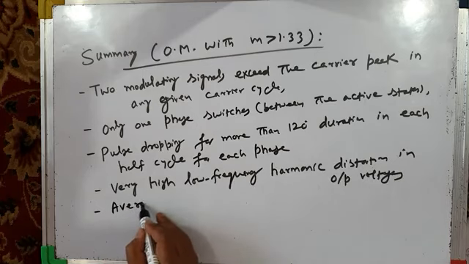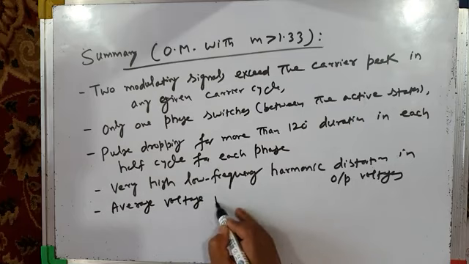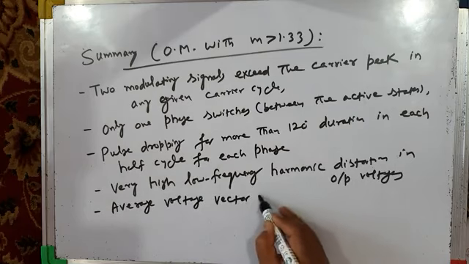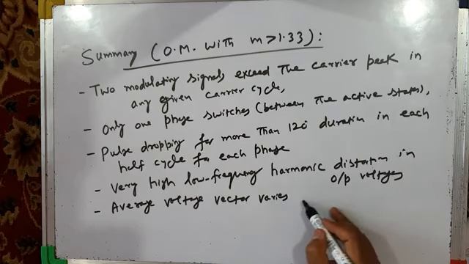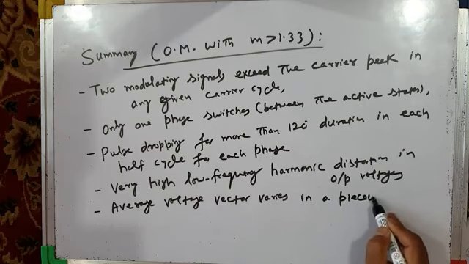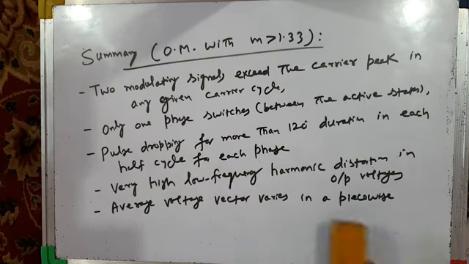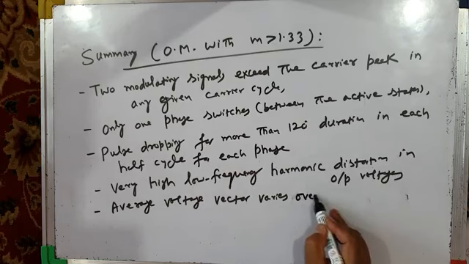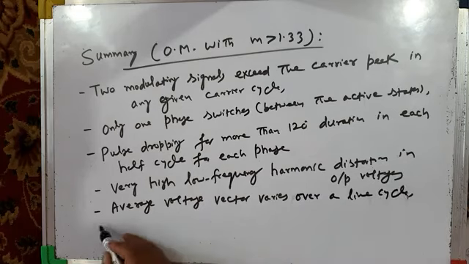Then another point is that average voltage vector varies over a line cycle. It's not constant, it varies. Okay.